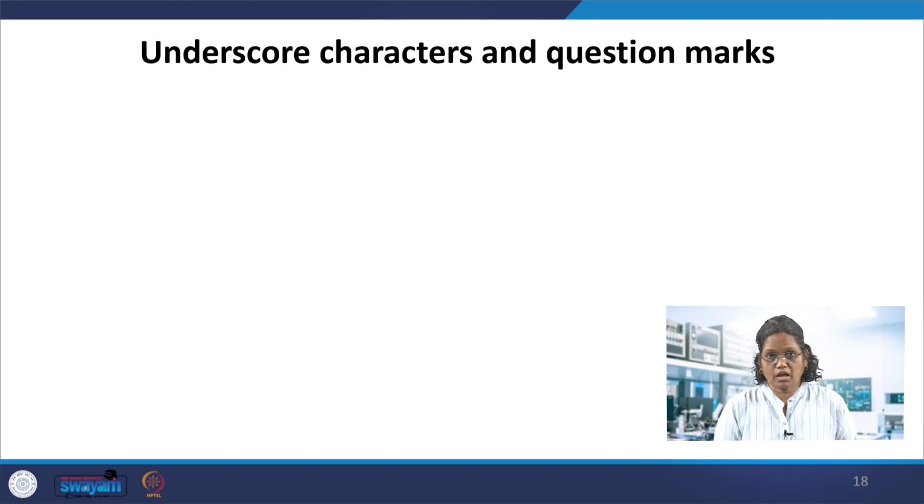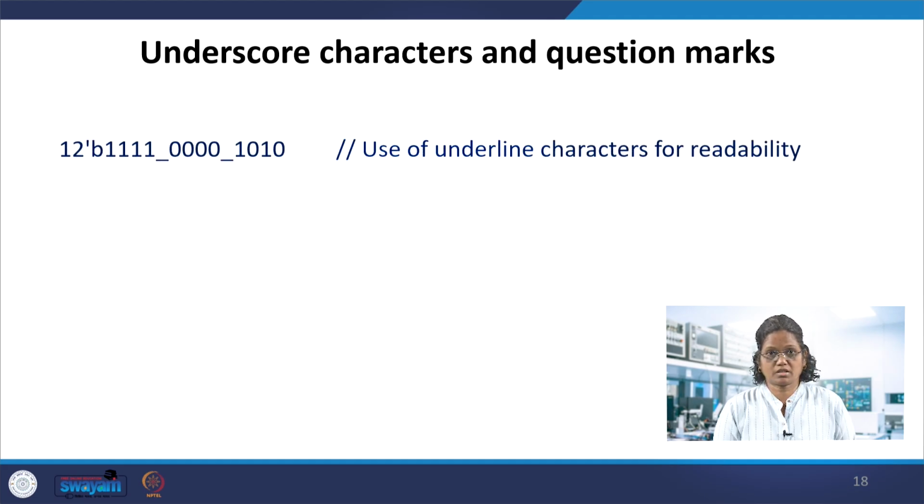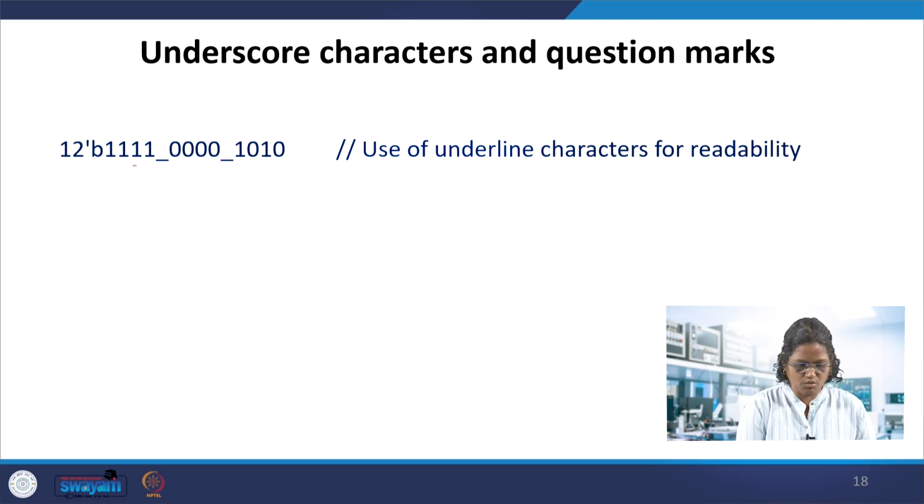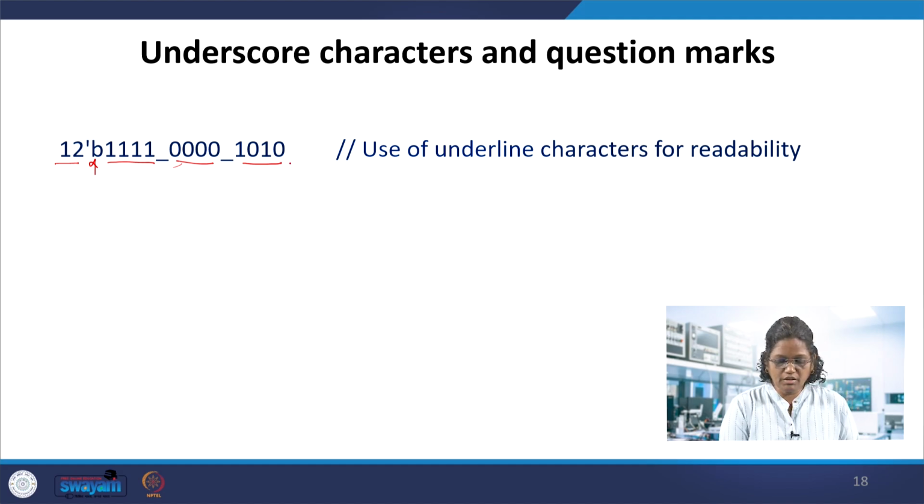So here, again, underscores and question marks: do they have any meaning? To represent a binary number, suppose we take an example with the underscore. What is the meaning of the underscores here? A 12-bit binary number: 4 bits 111 underscore 000 underscore 1010. The underscore is used to give clarity to the representation.